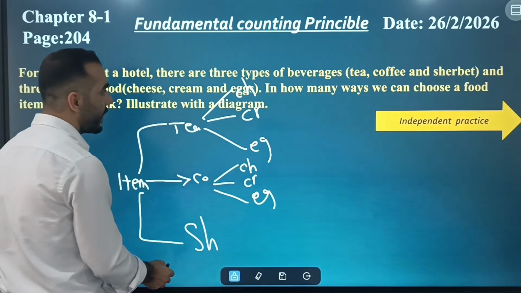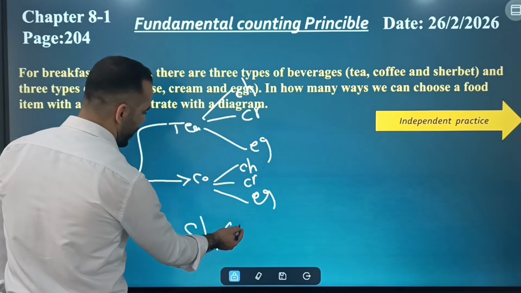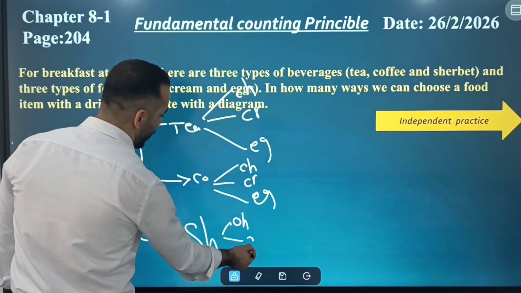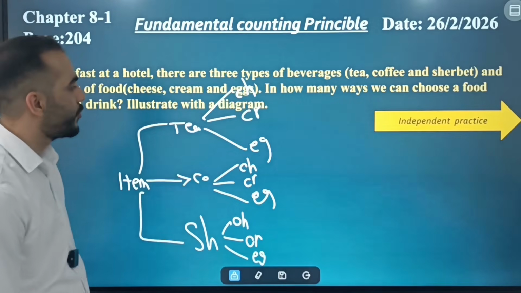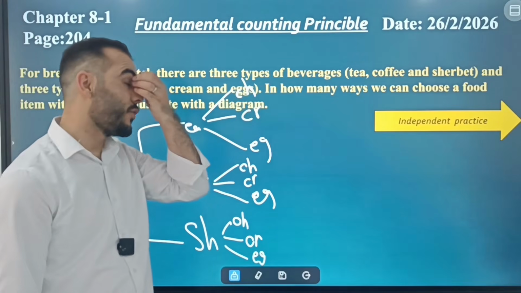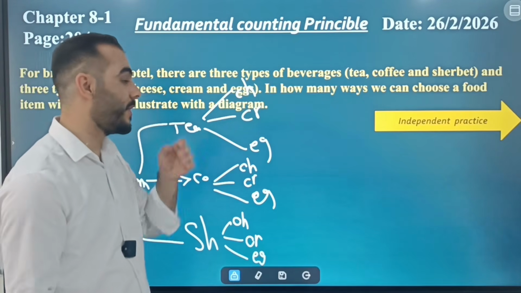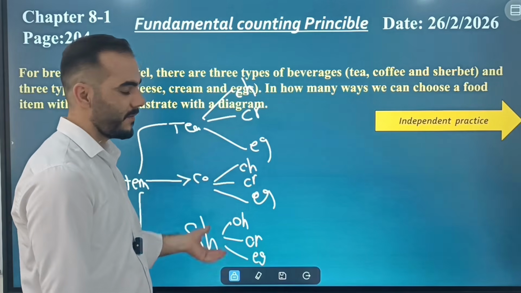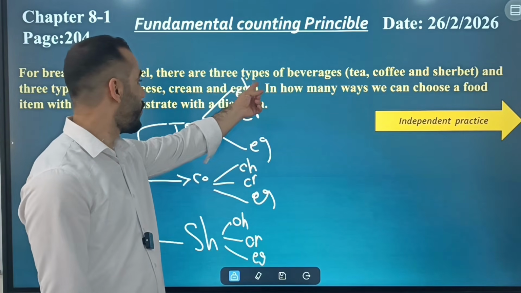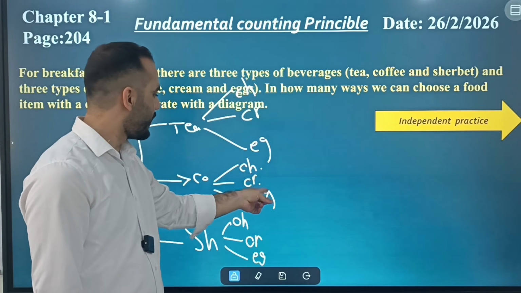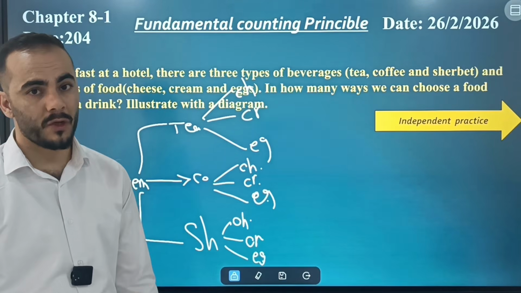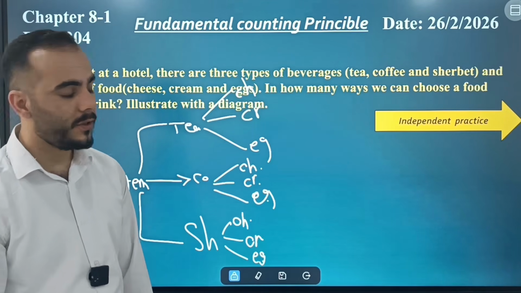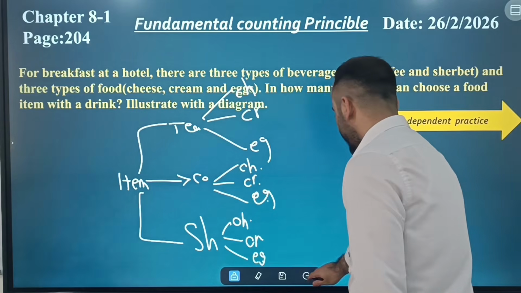With sherbet, we can have cheese, cream, or egg. So totally, how many choices do we have? Of course, we are going to count the end parts of the tree diagram that we made. So 1, 2, 3, 4, 5, 6, 7, 8, 9, and that's it. So 9 choices. 9 ways that we can pick any of them for our breakfast.